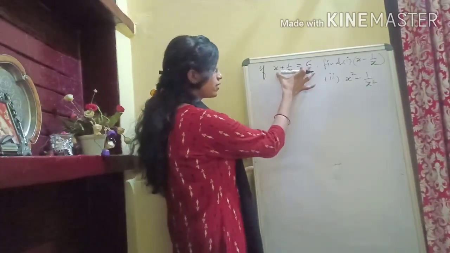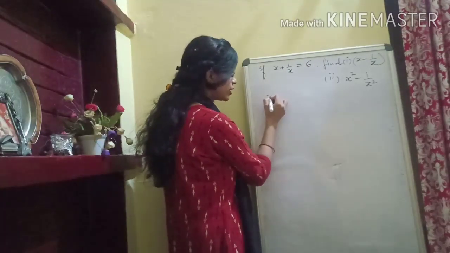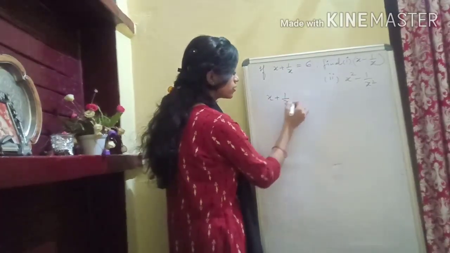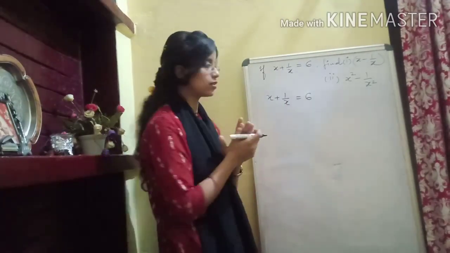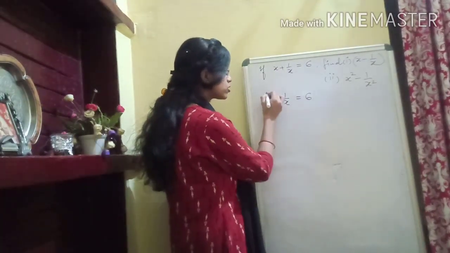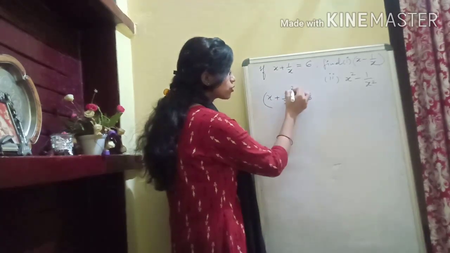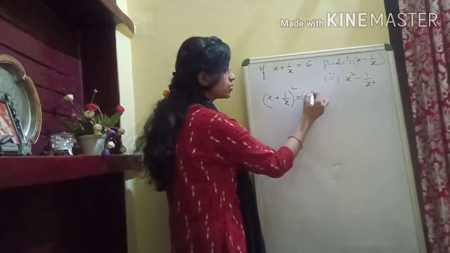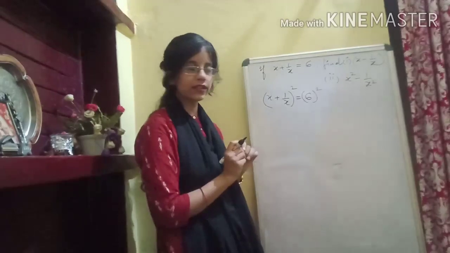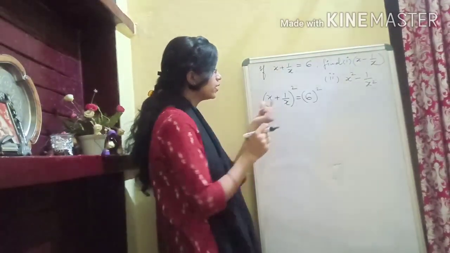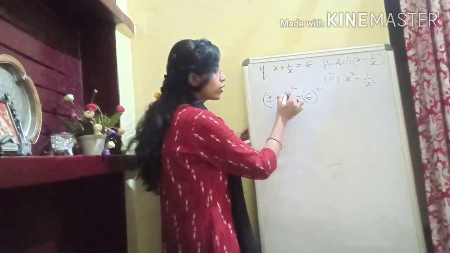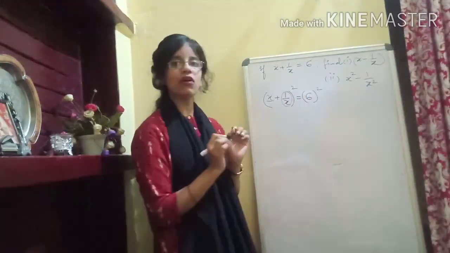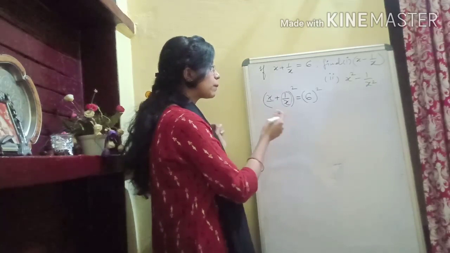Okay, I'm going to take the given information, I'm going to write it, x plus 1 upon x equals to 6. Now I'm going to square both sides. When you are squaring both sides, it will be this whole square and this is 6 square. Is it clear? Now this looks like a plus b whole square. What is at the place of a? X. What is at the place of b? 1 upon x. So I'm going to apply the identity.